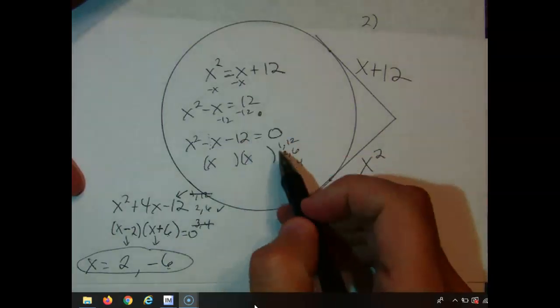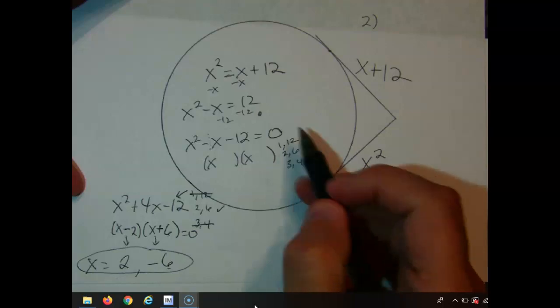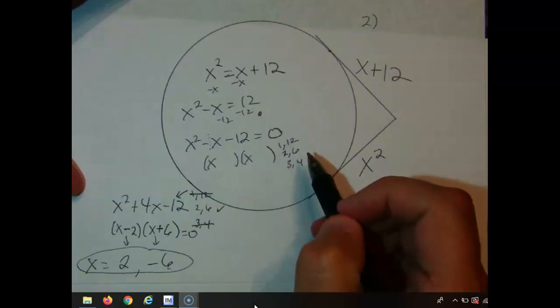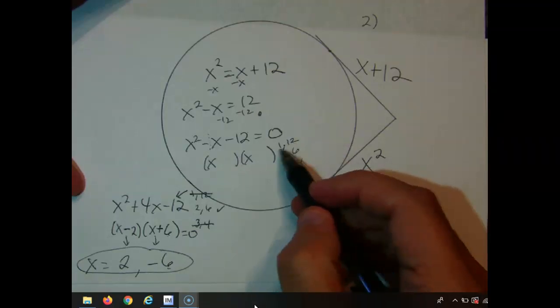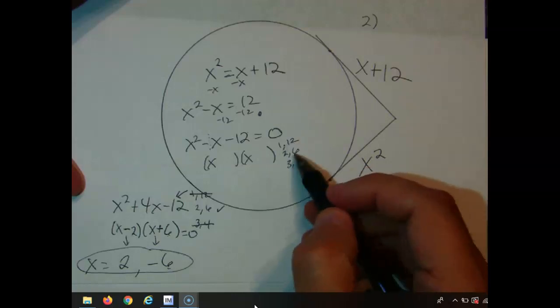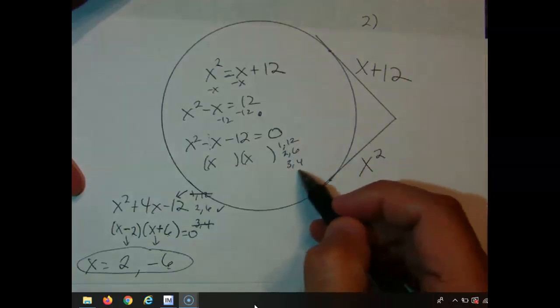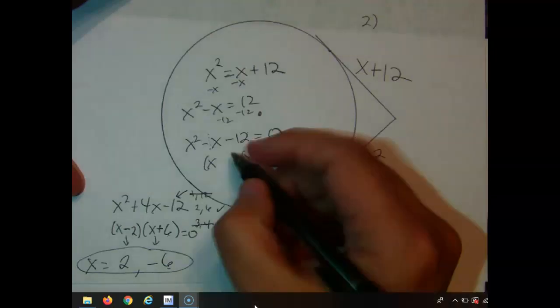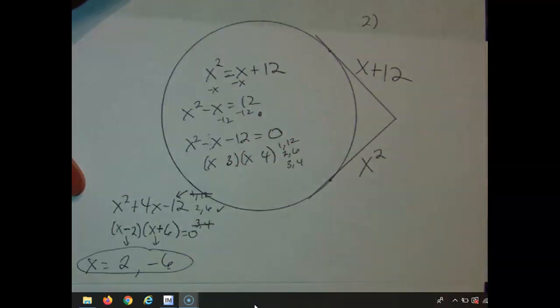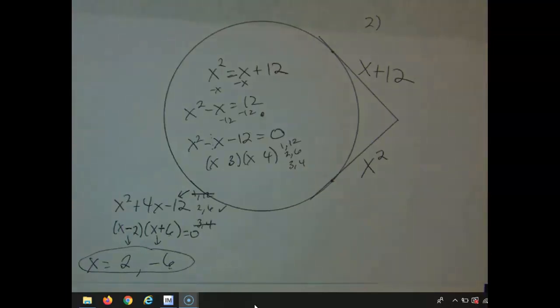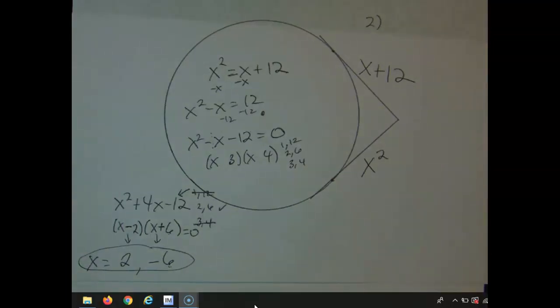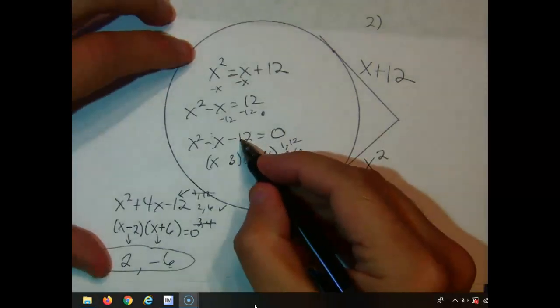So looking at these three, which one could I get a negative 1 by adding or subtracting? This was 13 and 11, 4 and 8, 7 and 1. So 3 and 4 would be it. Now let's look at this. We've got to decide which one's positive, which one's negative, because we need a negative 12.